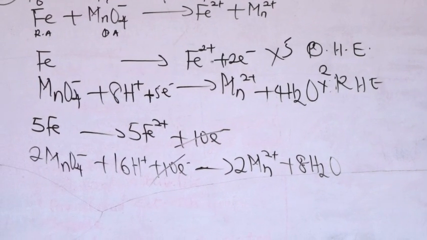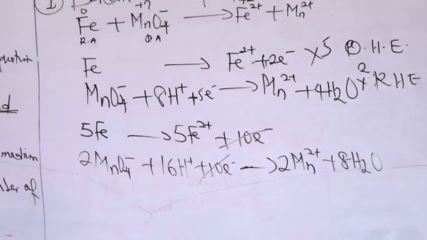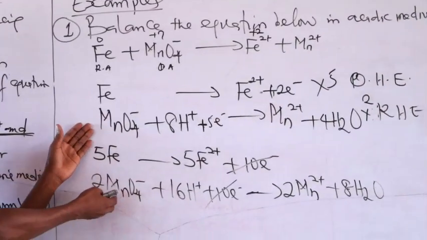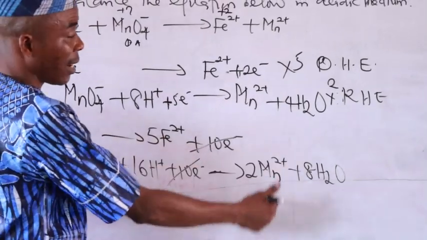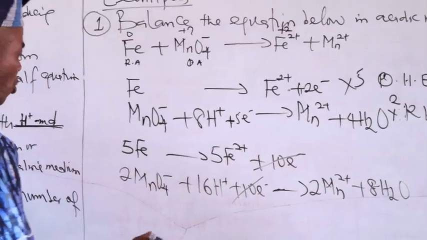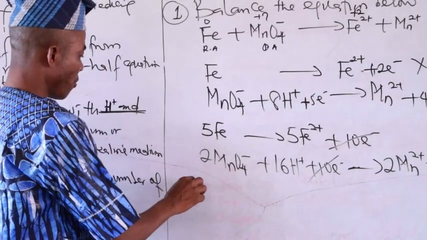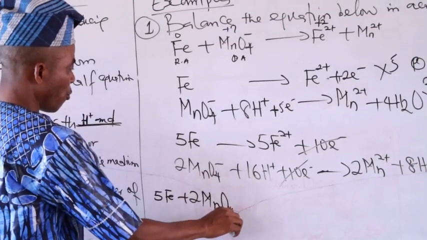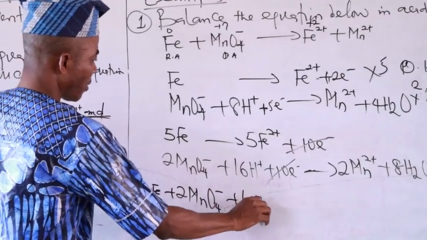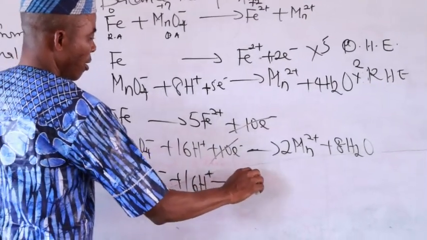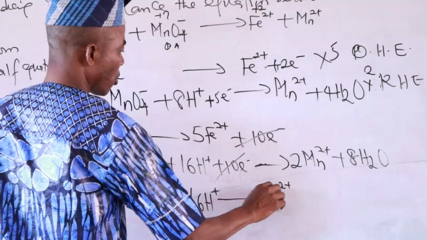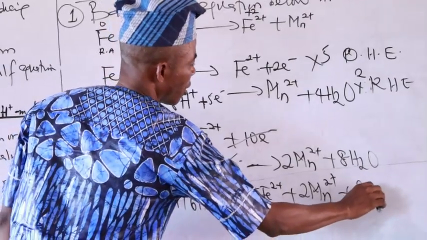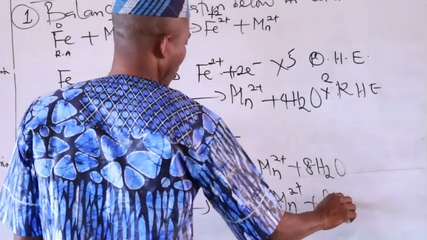Then what do we do now? What we have broken should be combined together. So write the equation at the left hand side together and the one at the right hand side together. So the equation now becomes 5 Fe plus 2 MnO4 minus plus 16 H plus to give us 5 Fe2 plus 2 Mn2 plus plus 8 H2O.